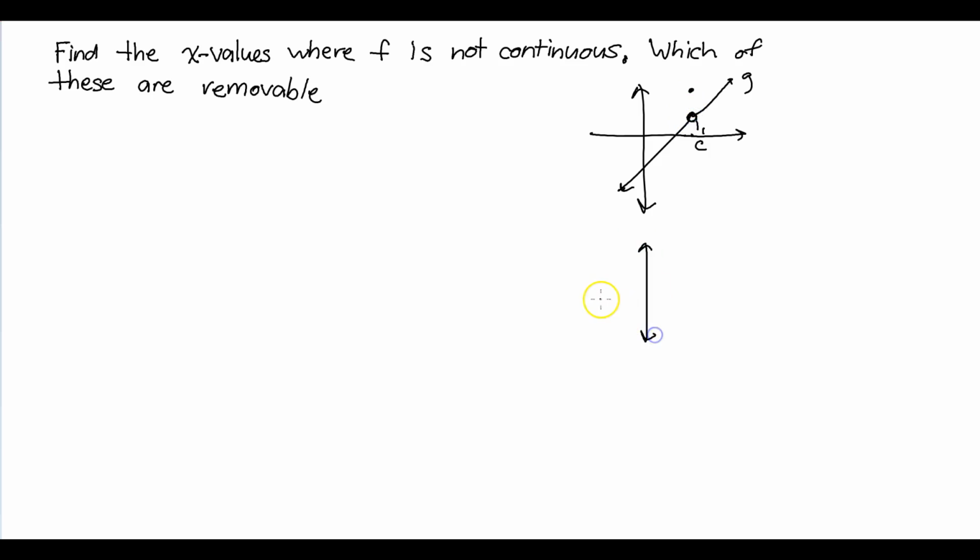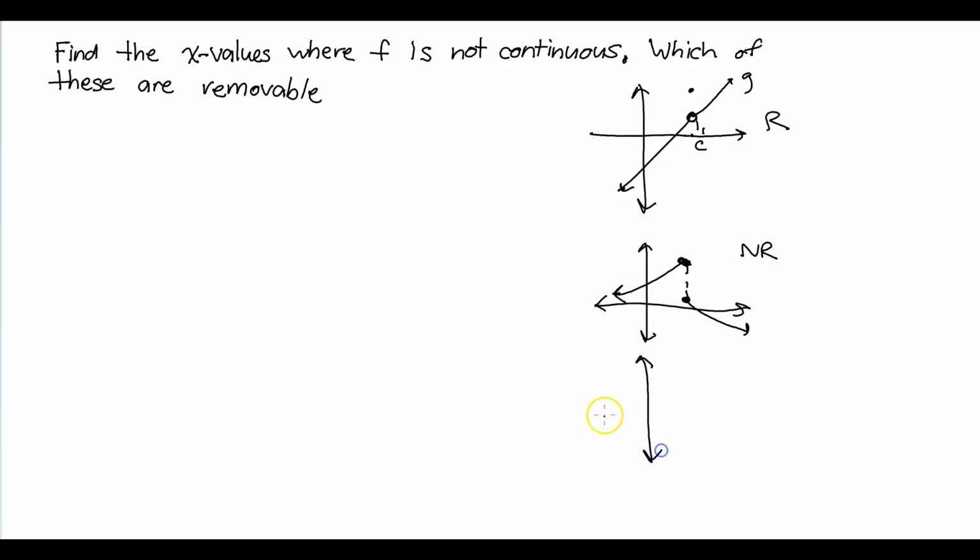Non-removable does not care whether a function gets redefined. So that happens at things like jumps. Even if you were to define it at this point, it would still not matter because the limit itself does not exist. So this is non-removable. This is removable.